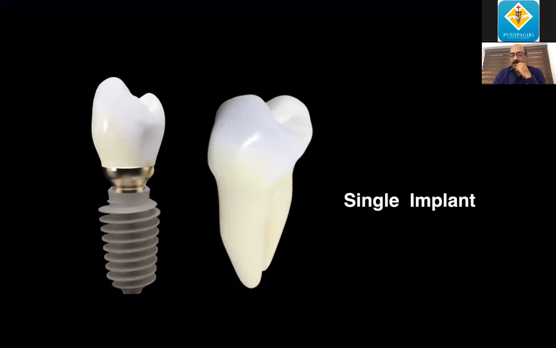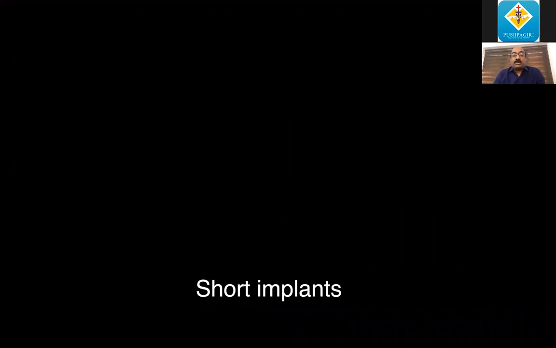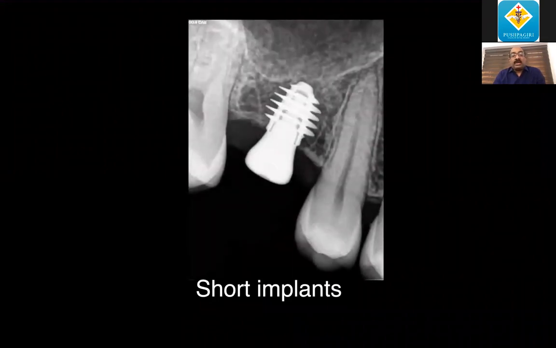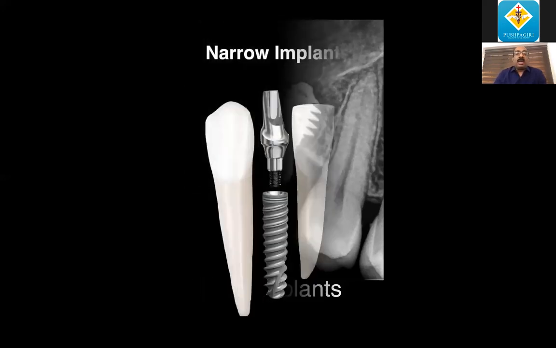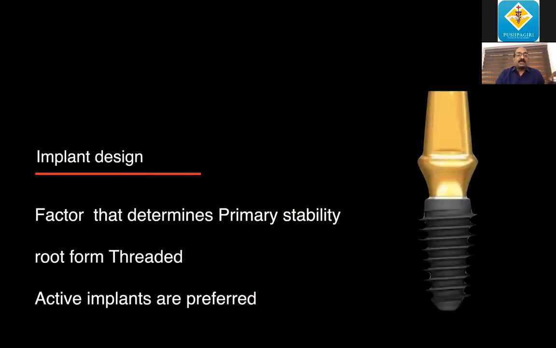Okay, good. We have single tooth dental implants, and in that itself, nowadays we have so many different types. That is short implants, which are very ideal for situations where there is very little vertical height and you have to place a tooth on that. And we have even narrow implants indicated for the lower anteriors and even for the lateral incisors with a smaller size.